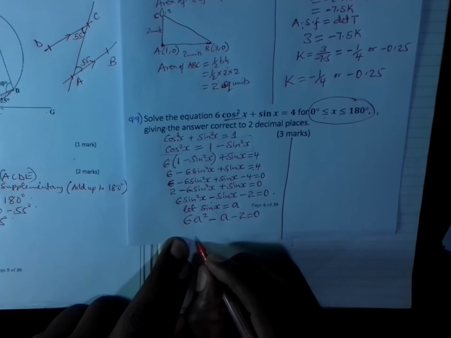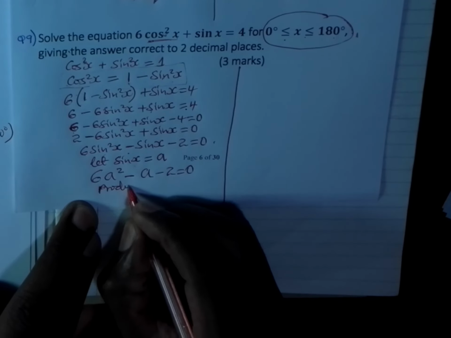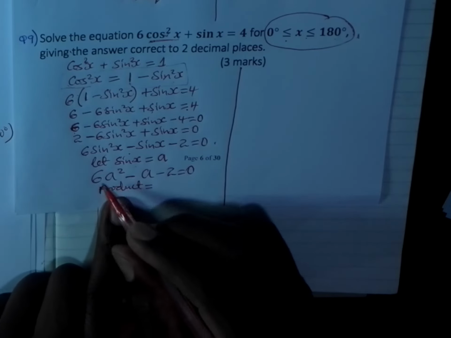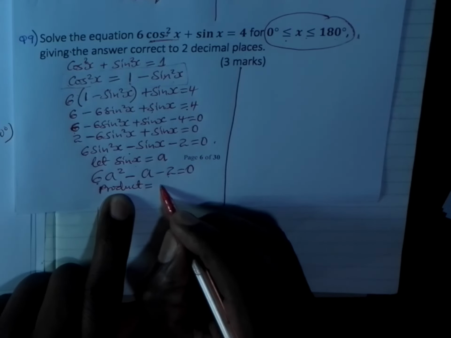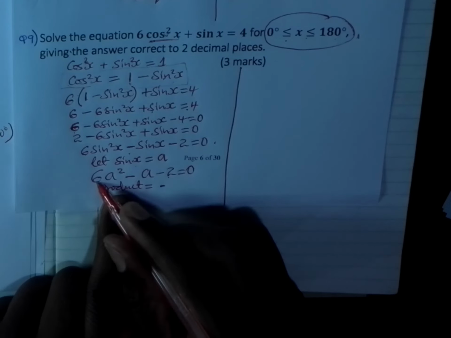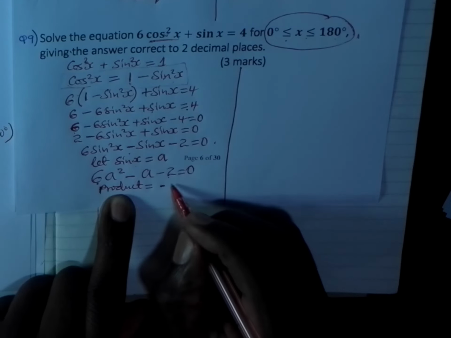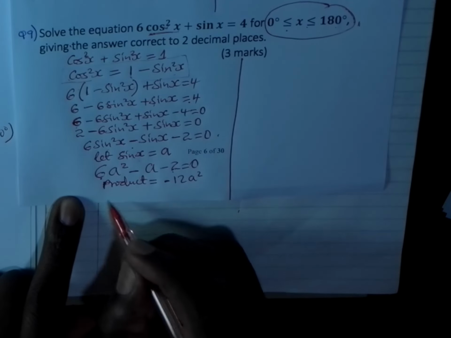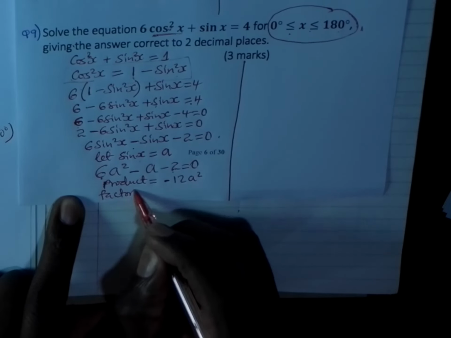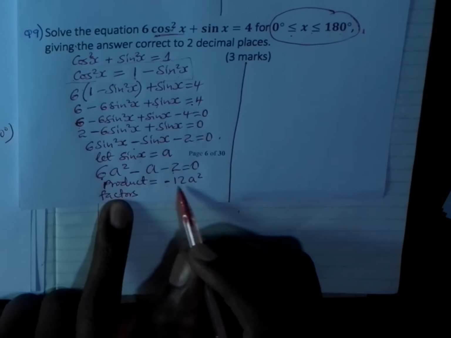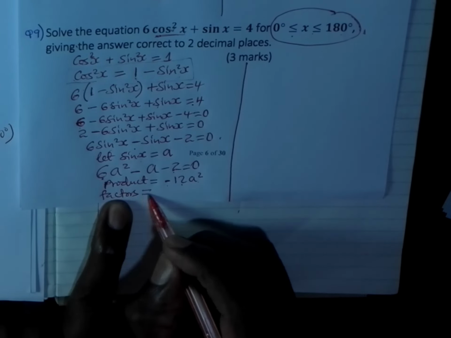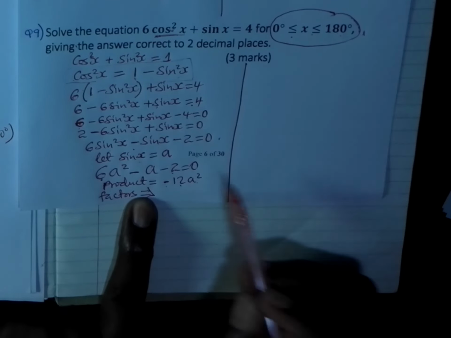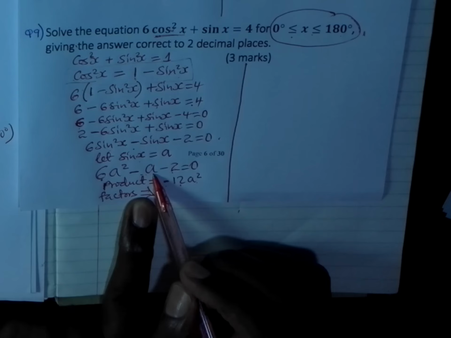So let us solve the quadratic equation using the factorization method. Find the product. AC is given by 6a squared times minus 2, that is minus 12a squared. Then we get factors of minus 12a squared such that when we add the two factors, we get minus a.